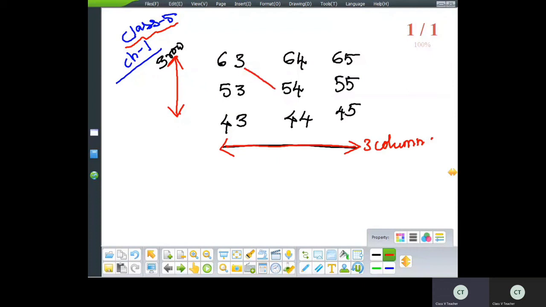The distance between each number is only 1. Yes. So these are called the diagonals. Yes, diagonals in a sense in a straight line. And you can see that 54 is becoming the middle number. 54 is becoming the middle number, as it is having the same distance towards all the numbers.